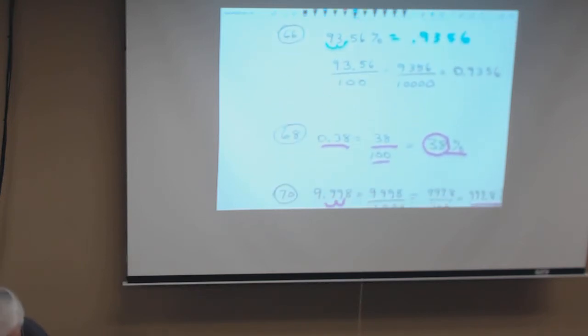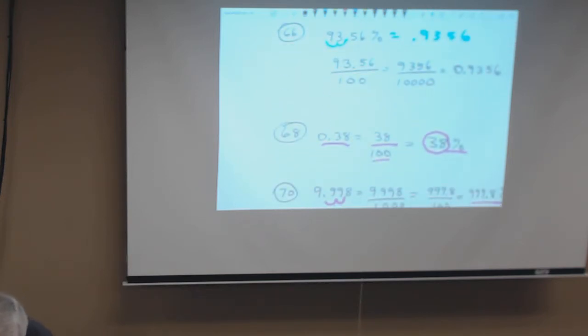Number 68. Write each decimal as a percent. Okay, if a percent to a decimal moves it to the left, then what would I do to change this to a percent? Move it to the right, and it becomes 38%. You follow that?